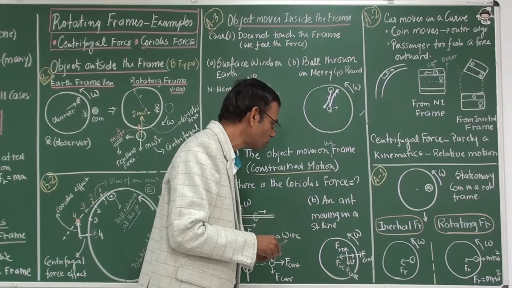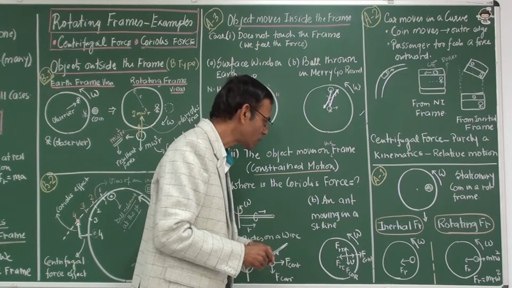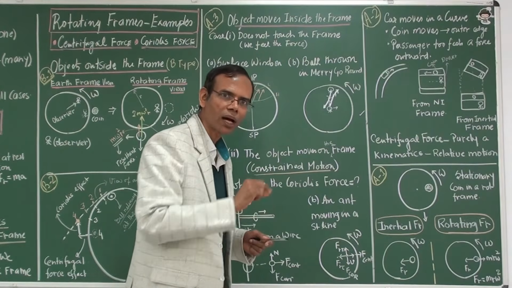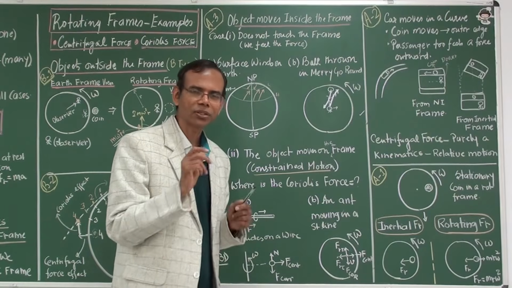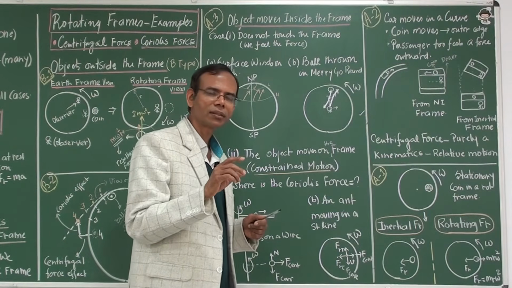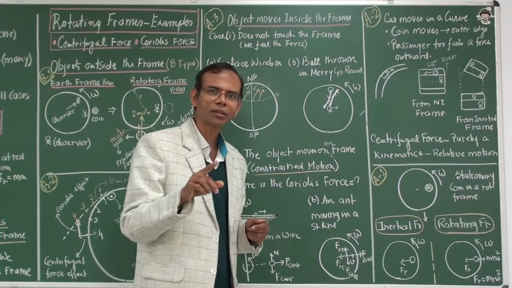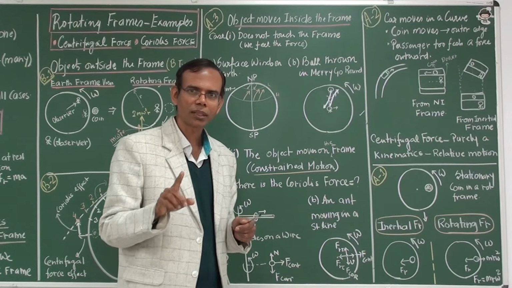We have learned this in the chapter of polar coordinates. When something is going out, when the r is changing, at that time there is an acceleration. And what is that acceleration? In the theta cap direction, that is 2r dot theta dot.